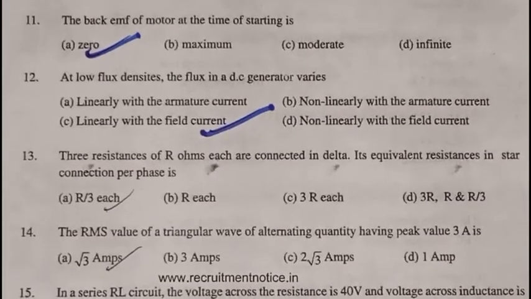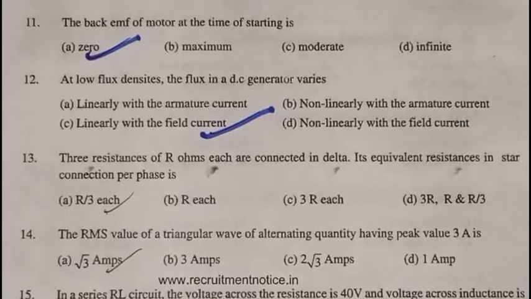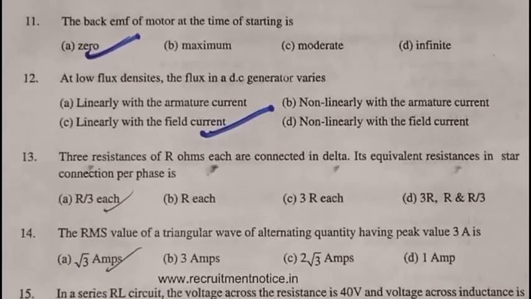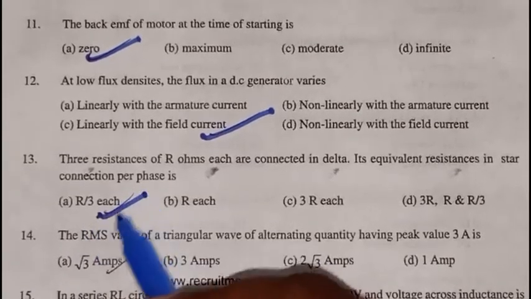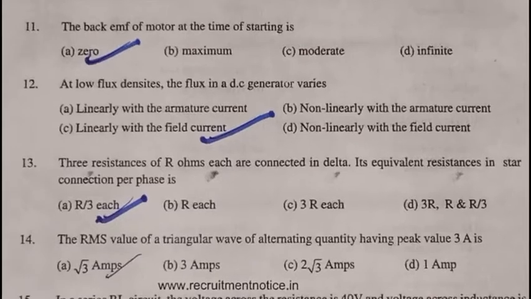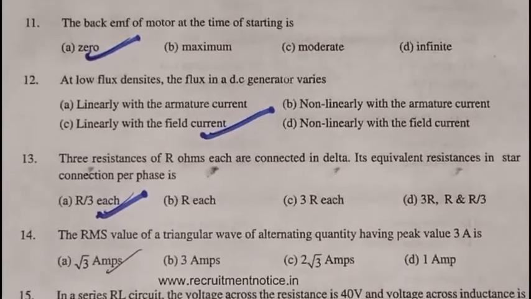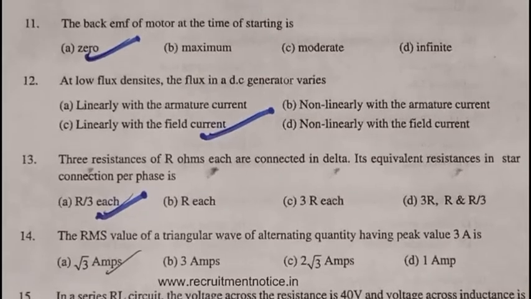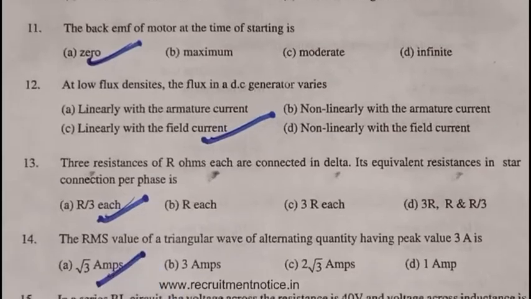Three resistances of R ohm each are connected in delta. Its equivalent resistance in star connection per phase is answer R by 3 each. Question number 14. The RMS value of a triangular wave of alternating quantity having peak value of 3 amps is answer root 3 amps.